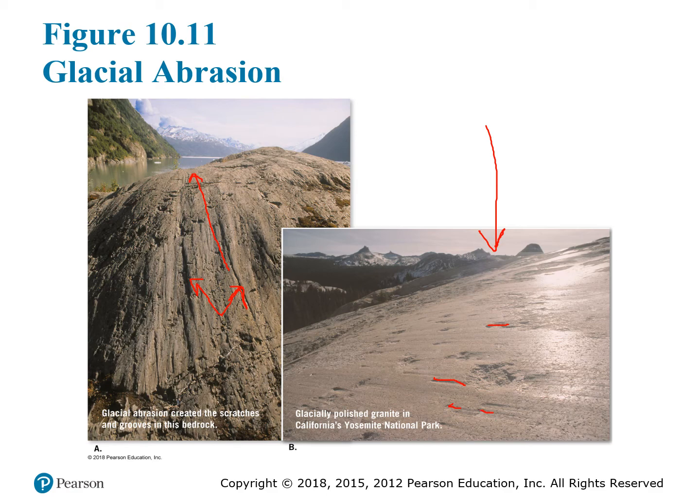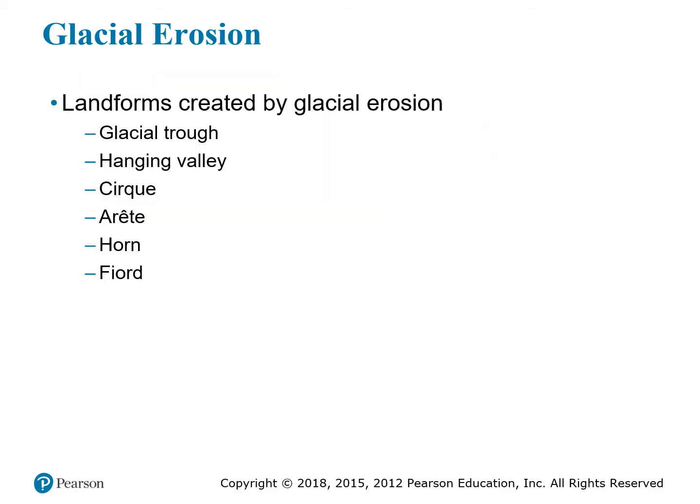And so in places like Yosemite National Park, right now there aren't glaciers in the low-lying valleys, but clearly in those low-lying areas, the granite there is very polished, and it shows evidence that glaciers once moved through the valleys in that national park.